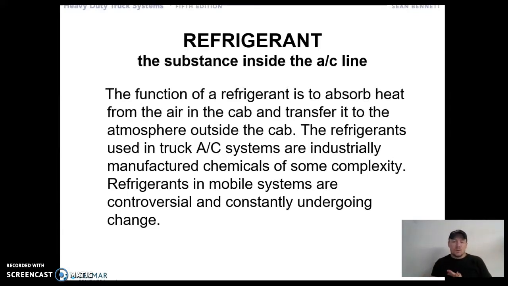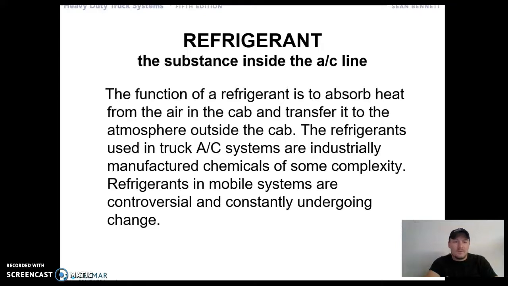R12 was the older system. With R12, if you came into contact with it, according to OSHA and EPA and everything, you were just going to die. I mean, that was the end of it. But R134A is a little less toxic. It's a little bit better for the ecosystem, but technically still a greenhouse gas, so they still don't like it a whole lot.